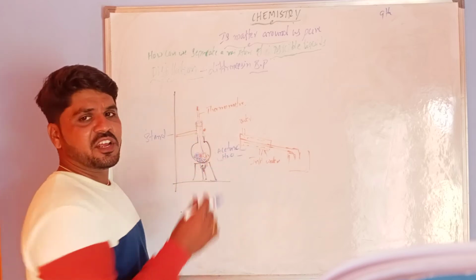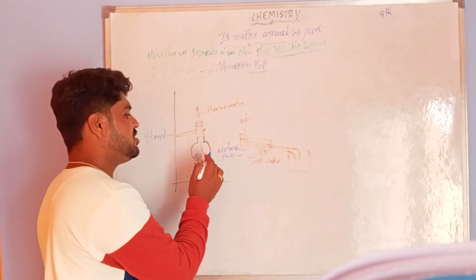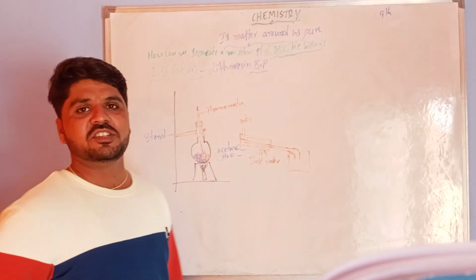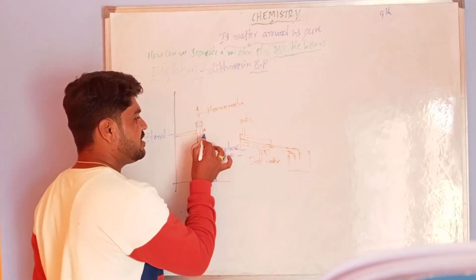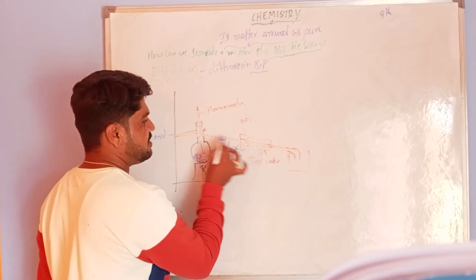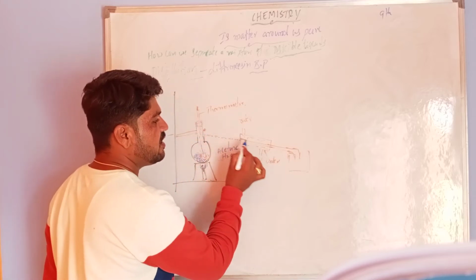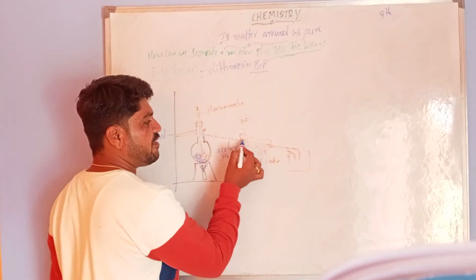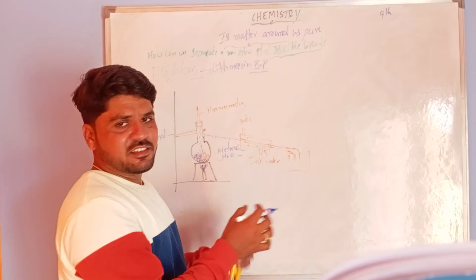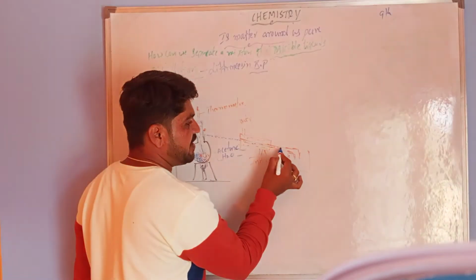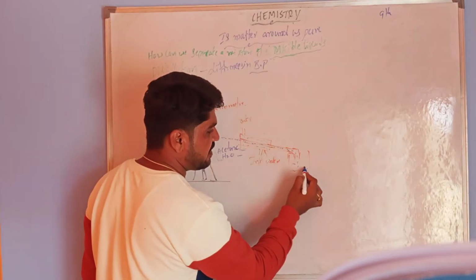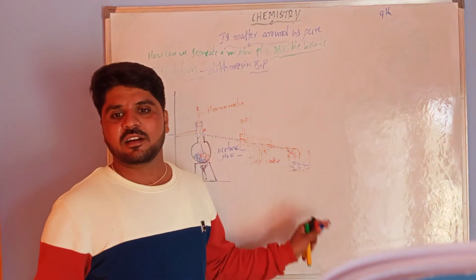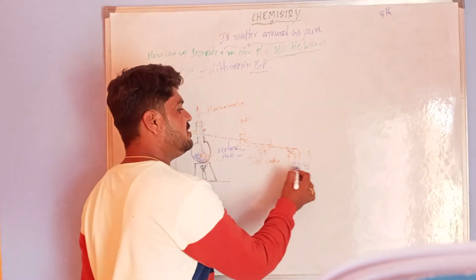At a particular temperature, the acetone vaporizes and comes to the outlet and the condenser. In the condenser, the acetone vapors are condensed into liquid form and collected in a beaker.